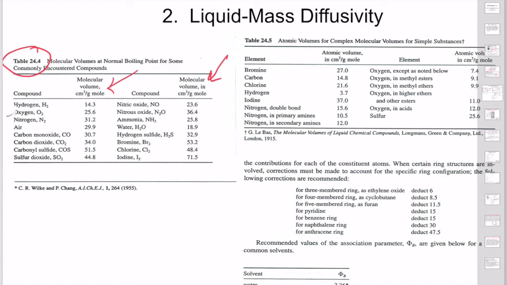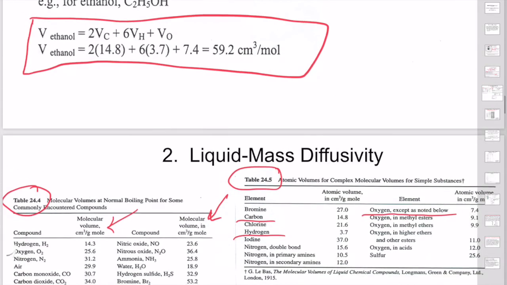If we're looking for ethanol, ethanol is not in this list, so we're going to go to this table and look at the different components. Ethanol has 2 carbons, 6 hydrogens, and an oxygen here. So you would add up those components as she did in the previous slide.